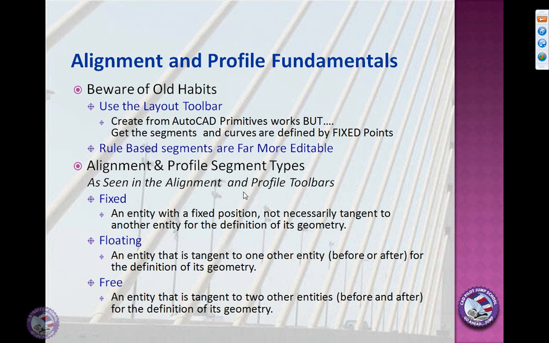So we've got these three major types, and they're both in alignments and in profiles. They're a little confusing in the beginning, but once you get them, I've got this. So the simple thing is: float, pick one. Free, pick two. Fixed, you don't get to change it.